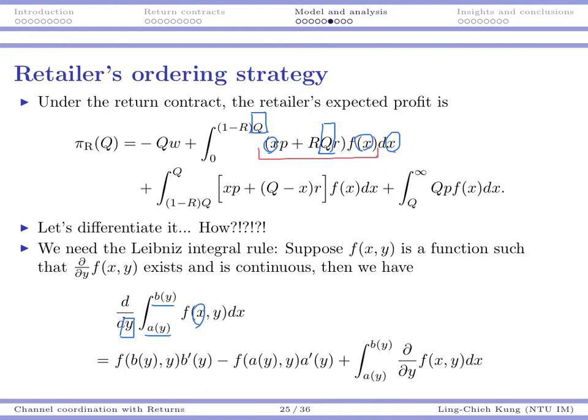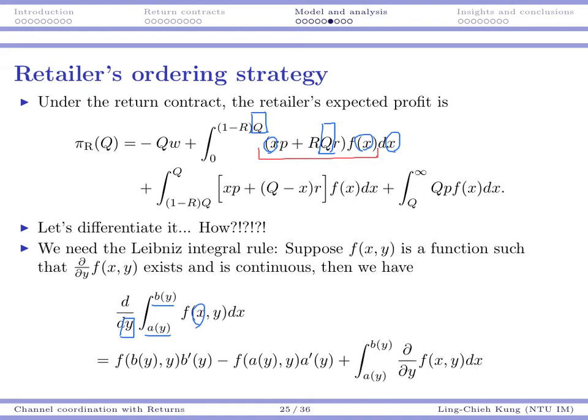And then finally, the last term is to keep the original integral, but differentiate the integrand with respect to y. If we sum these three terms together, we get the result.